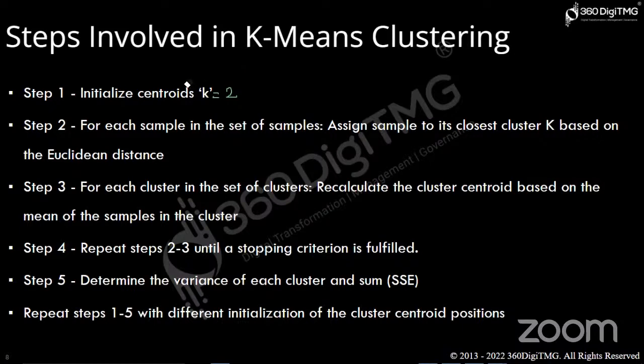So for each sample in the set of samples, assign the sample to its closest cluster based on the Euclidean distance. So what we have to do here, if I have some data here, what happens?